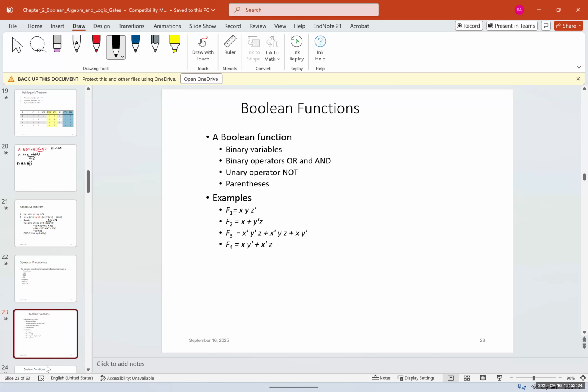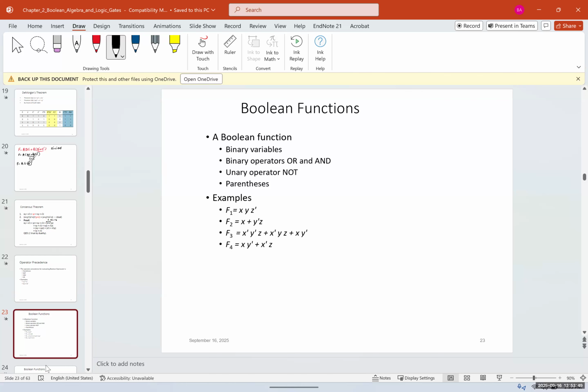Now for a Boolean function, we have binary operators such as or, and, and unary operators like not, and parentheses. Some examples to solve: f1 is equal to x y z prime. I want you to simplify these.